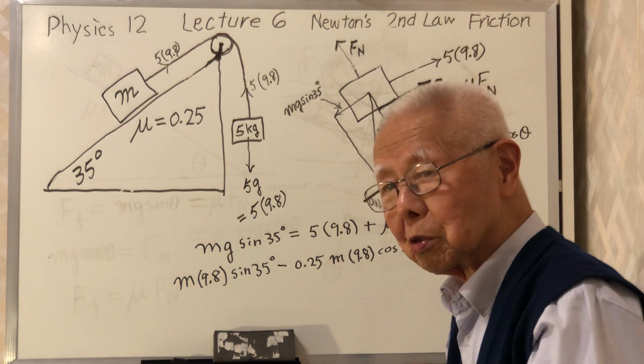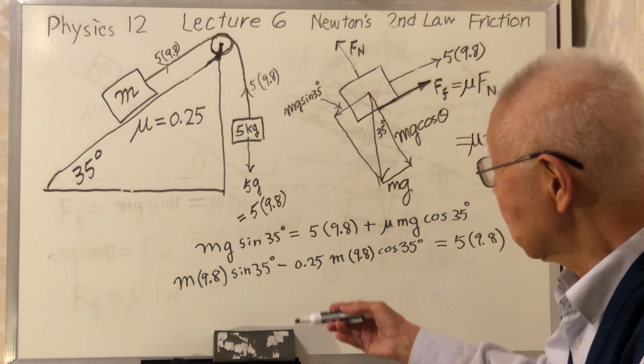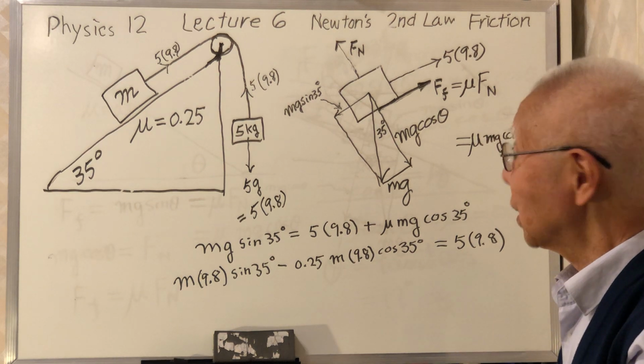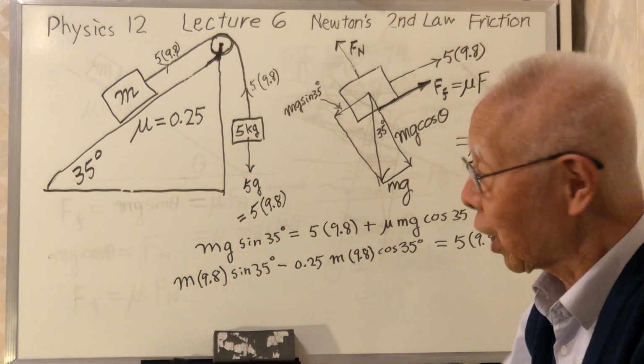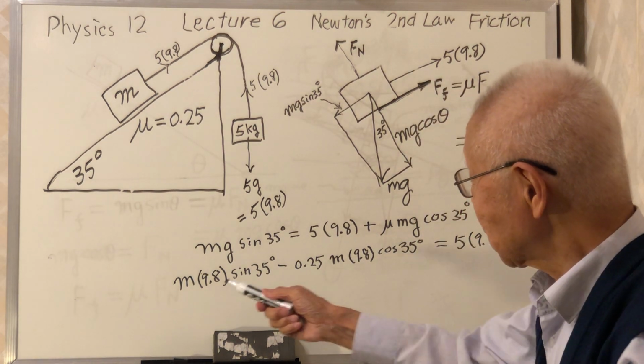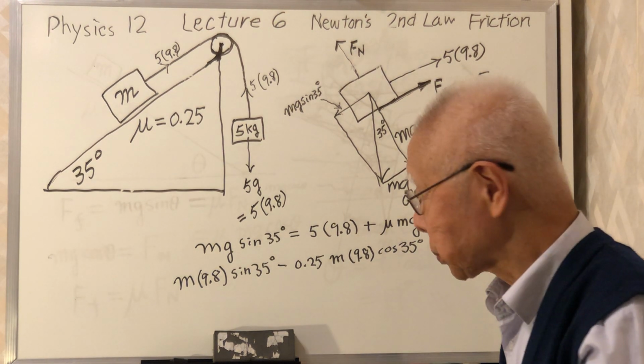Okay, look at this relationship. I have the unknown, which is m, and that is exactly what I want to find. So this equation will give us m.